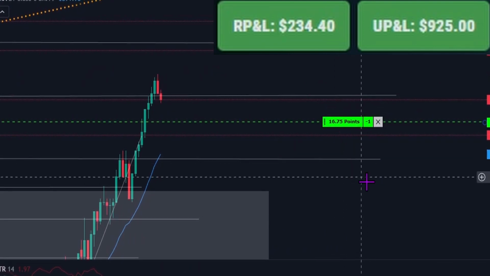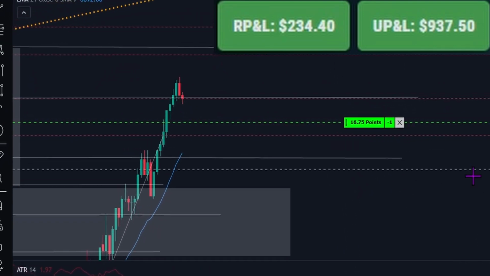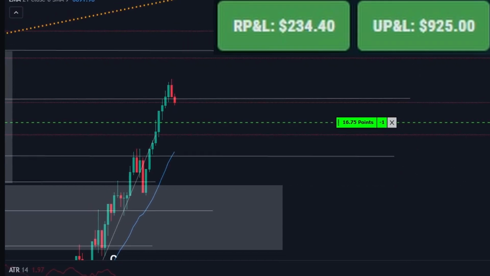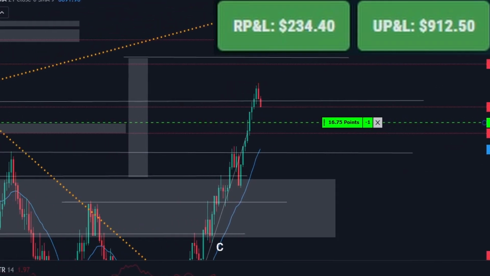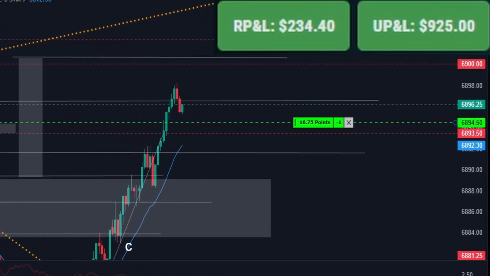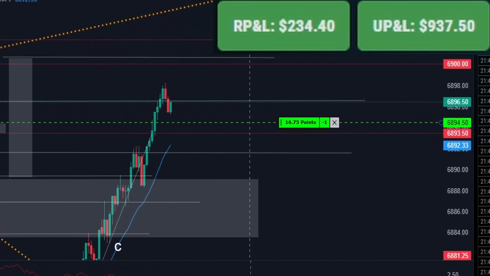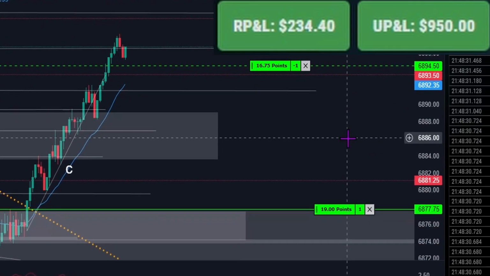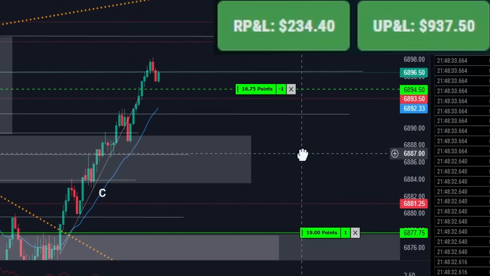I'm gonna go three candles. So this is usually what works in these kind of trends.